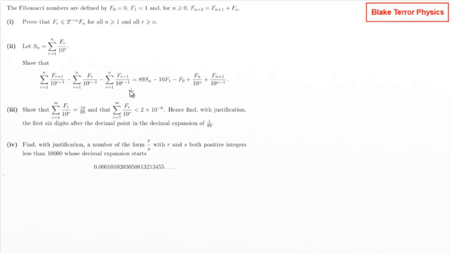Some sum minus these two sums is equal to that. So they've all got 10^(r-1) on the denominator. They're all going from 1 to n for r. And we've got an F_(r+1), an F_r, and an F_(r-1), which are related by the Fibonacci sequence. So F_(r+1) is F_r plus F_(r-1).